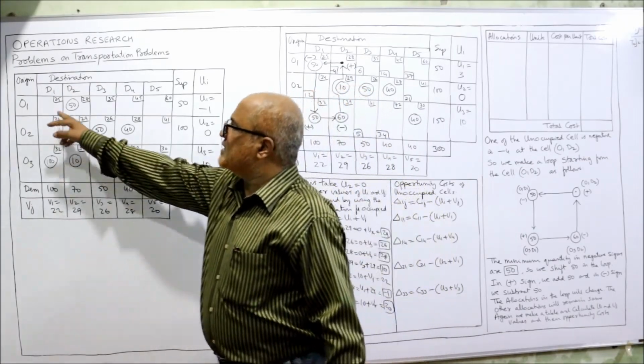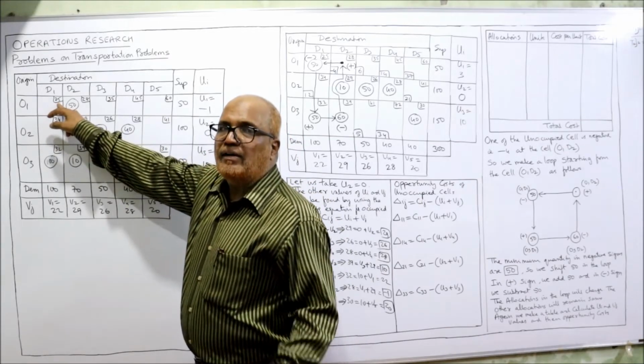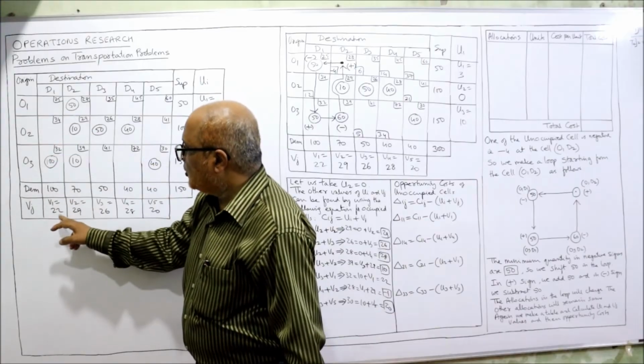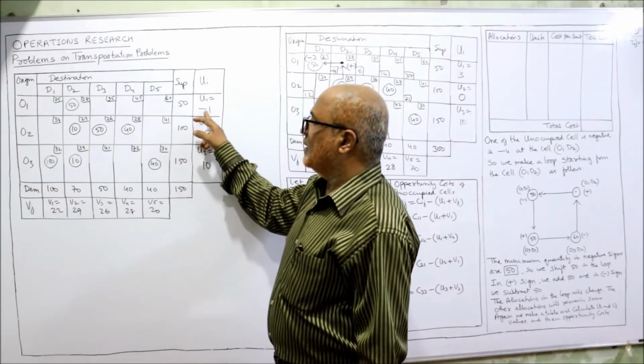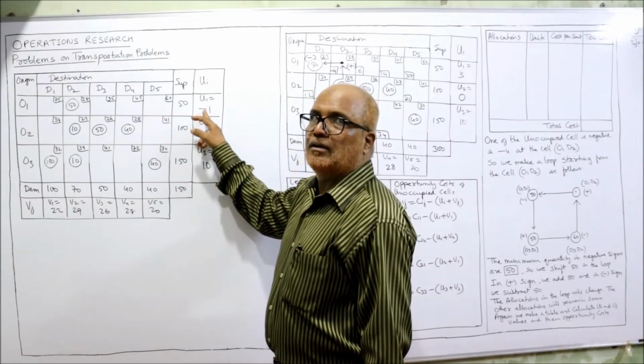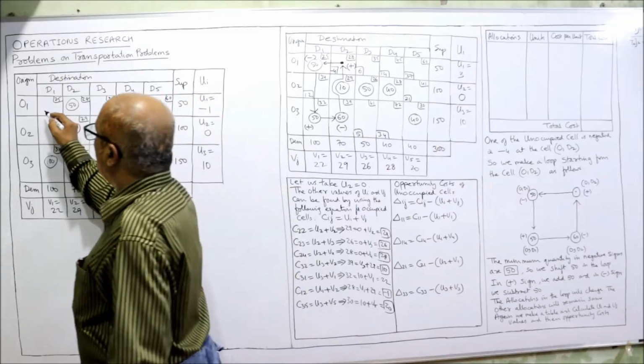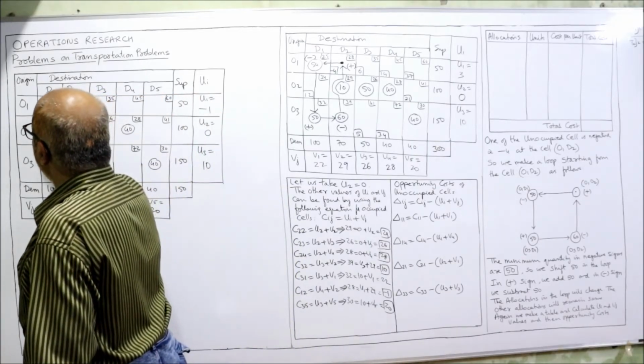For example, first cell. How much is the Cij here? 25. From 25, deduct the total. 22 minus 1 is 21. So 25 minus 21 is 4. The opportunity cost we got 4.